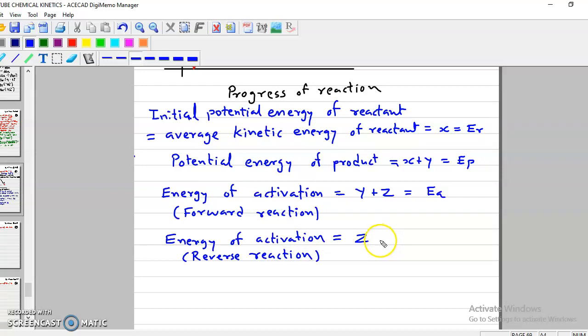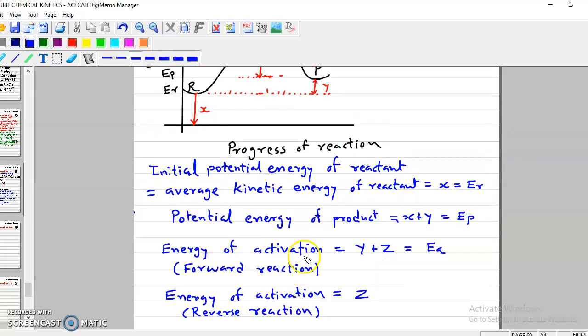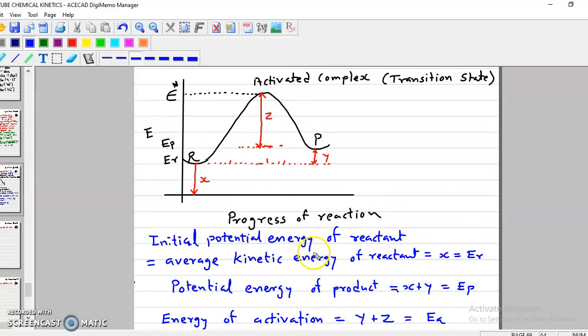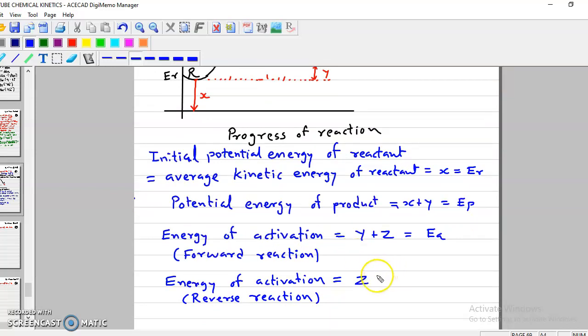It is also known as, I think Z is enough. I think you can see this. And from this we can say that it is equal to epsilon star minus EP.